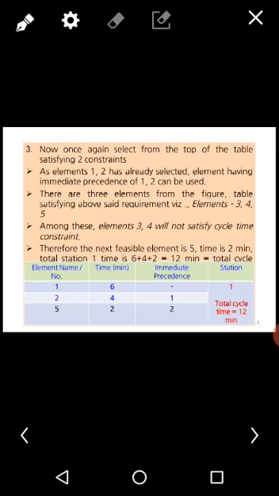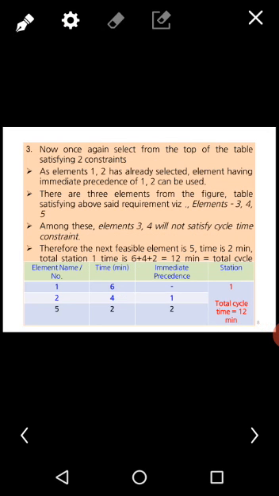Coming to this third point, once again select from the top of the table satisfying the two conditions. As elements 1, 2 are already selected, elements having immediate precedence of 1, 2 can be used. Next, there are 3 elements from the table satisfying the above requirements, that is elements 3, 4 and 5.